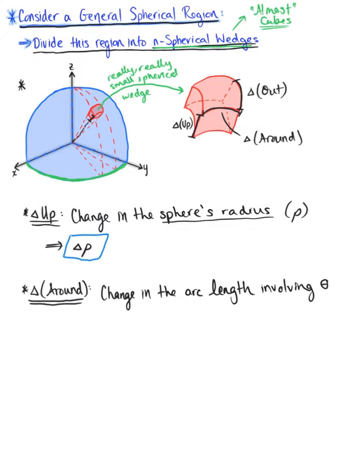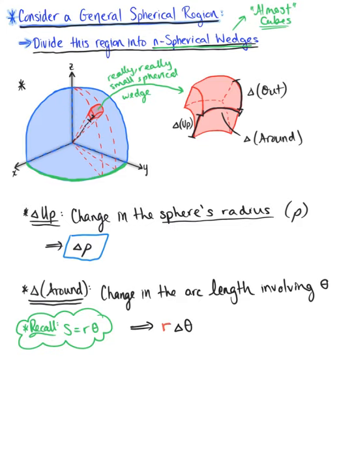Now we know this arc length involving theta comes from polar coordinates. So thinking back to the derivation of the area differential in polar coordinates, we know that we can define this arc length, we'll say the arc length S, as the radius times theta. So what we have is the radius times the change in the angle theta. Now wait a second. R is not a spherical coordinate. That's a polar coordinate.